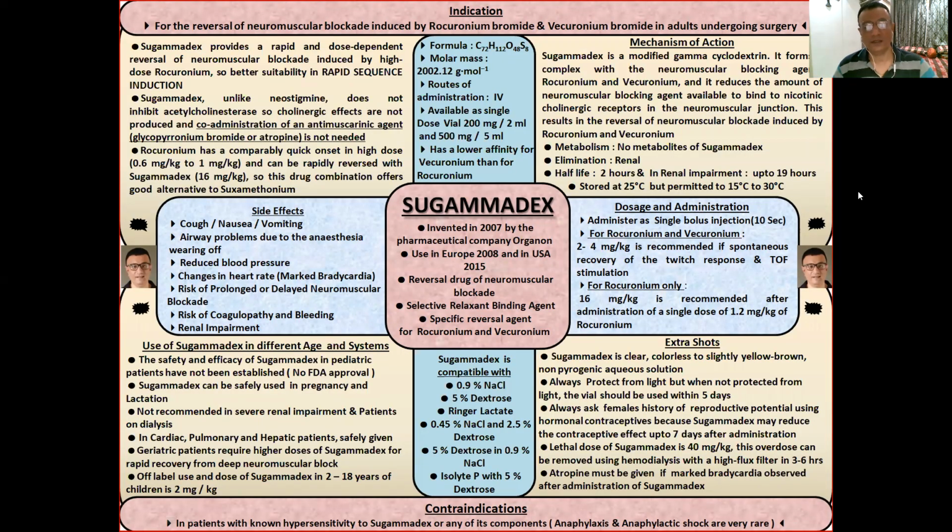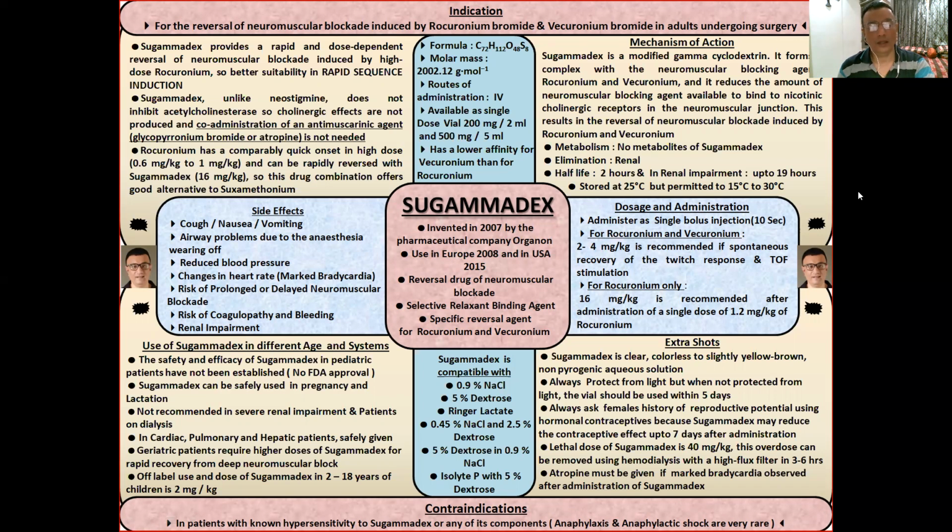One drug, sugammadex, is a reversal agent. Sugammadex is a purely selective reversal agent for rocuronium and vecuronium muscle relaxation. Sugammadex is also a very costly drug, around 25,000 rupees per vial. Sugammadex provides rapid and dose-dependent reversal of neuromuscular blockade.